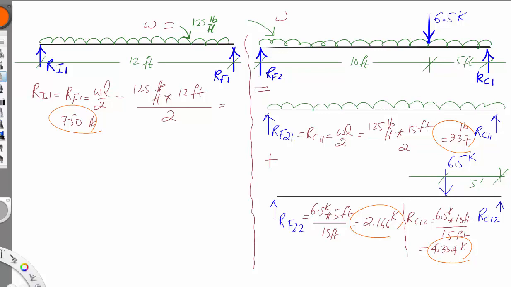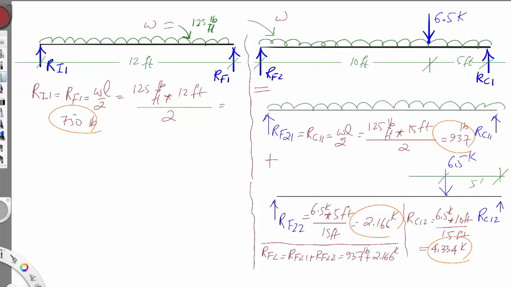So of course we need first of all to add up these values here. RF2 is equal to RF21 plus RF22, which is equal to 937 pounds plus 2.166 kips.